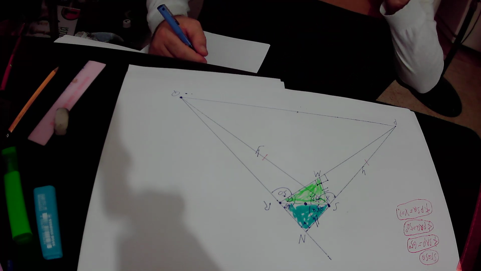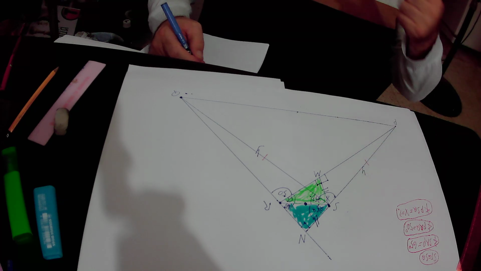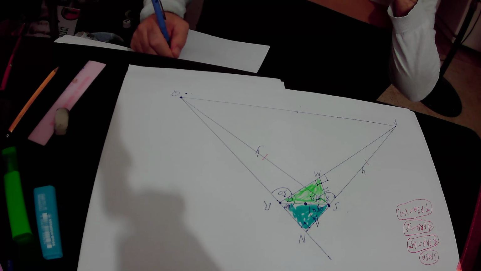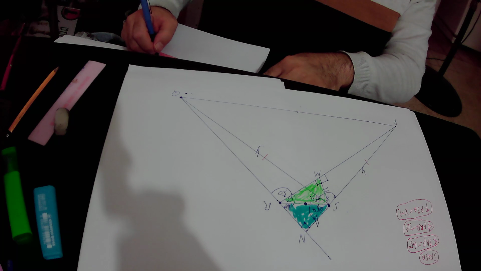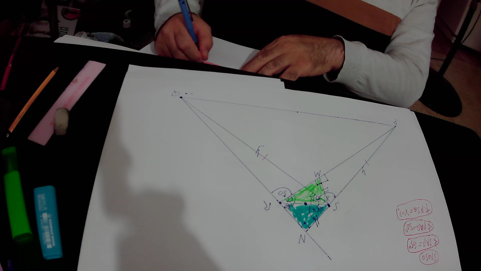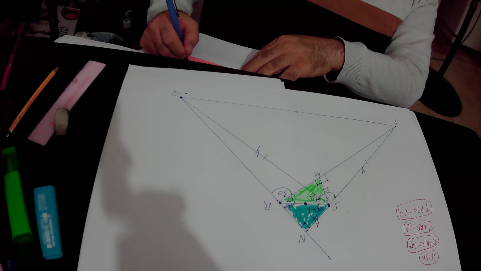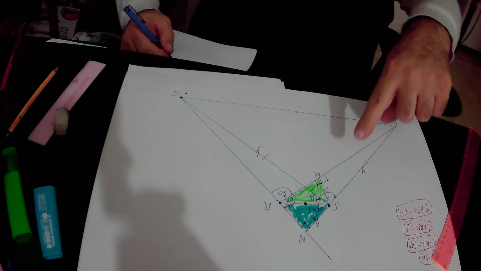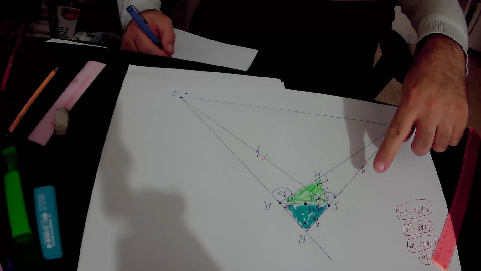So, if we focus on the right triangle SMP, according to the Pythagoras theorem, in the right triangle SMP, PM square plus SM square will be equal to SP square.